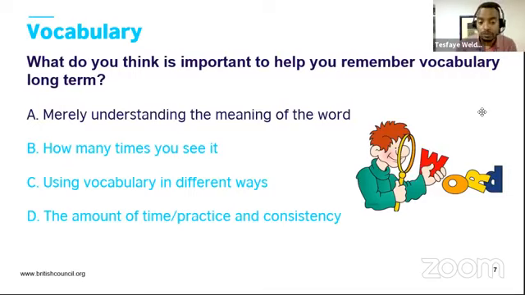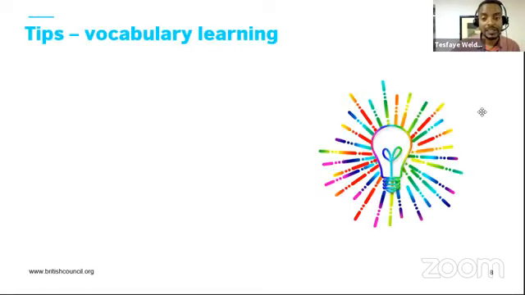And also the amount of time or practice, how consistently you practice with the word, and also being exposed to it, helps you remember the word. So merely understanding the meaning of the word isn't really enough. There are other aspects which we're going to look at in the next slide.